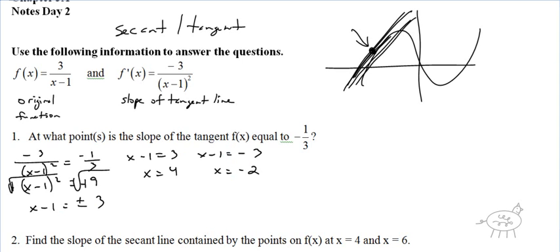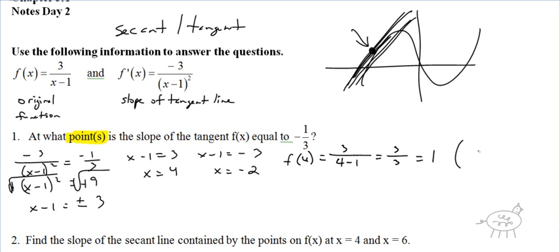And notice, math fans, what I pointed out the other day, what points. So I'm looking for a coordinate here. How do you know which function you plug it into? You plug it back into the original function. You got to know that. So f of 4 is equal to 3 over 4 minus 1, or 3 over 3, which is 1.